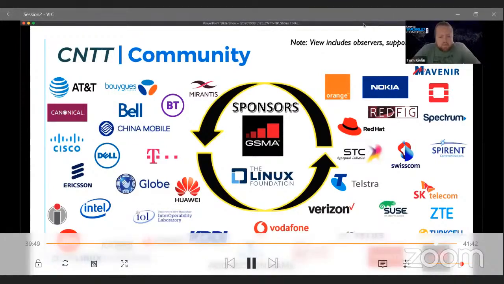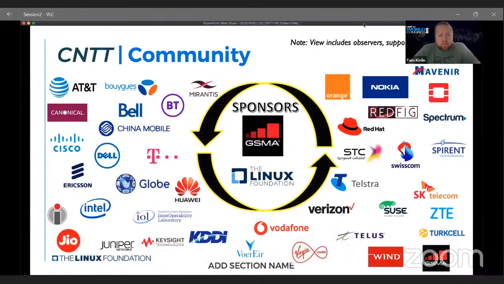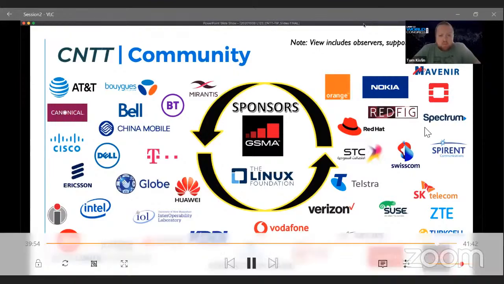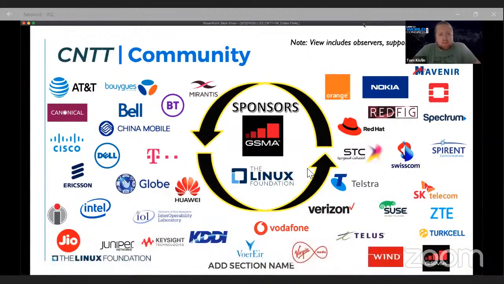Yeah, absolutely. In terms of getting involved with CNTT, we're always on the lookout for more people to join the community. As well as adding logos to the board here, just individuals getting involved with the various work streams. I think the main focus is on the Kubernetes side at the moment, trying to close the gaps in terms of understanding those workload requirements that I mentioned, and making sure that we've got a really robust set of input into the architecture and the implementations and then the conformance tests.